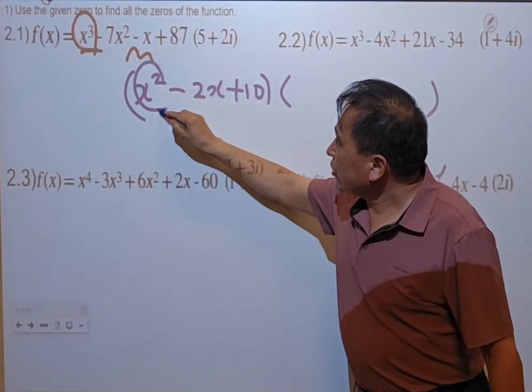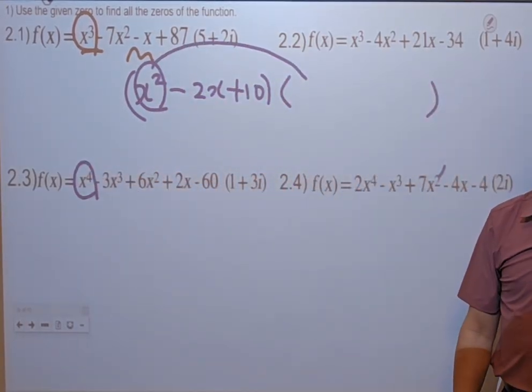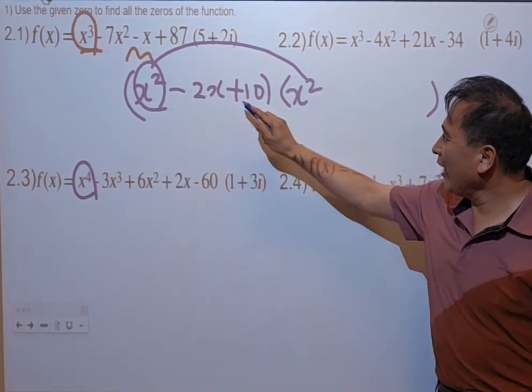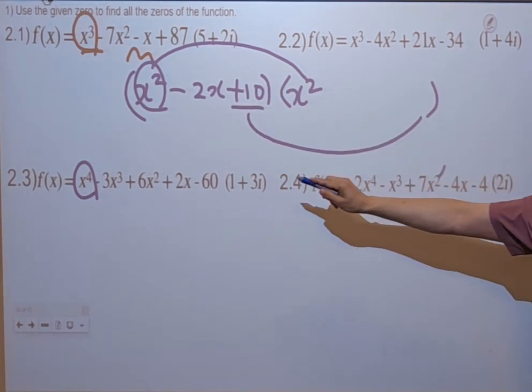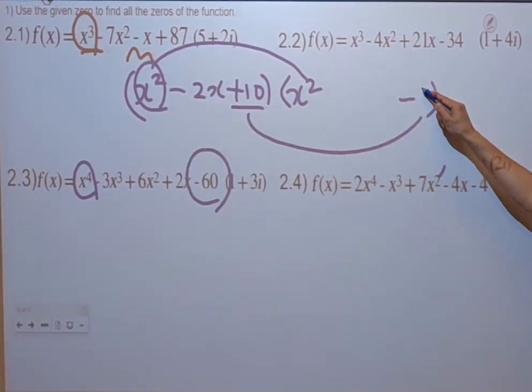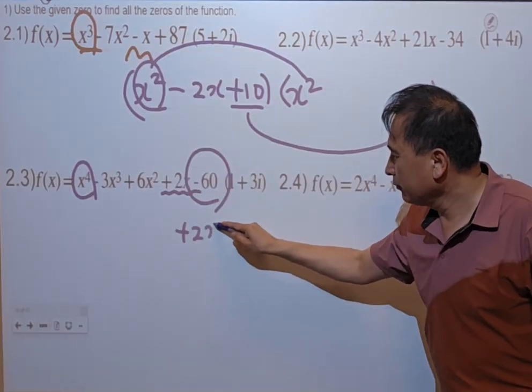So, x squared times what gives x to the 4th power? X squared. Good. And 10 times what is minus 60? So sign first, minus 6, right? Yes, good. Minus 6, right? Now, you can do anything, but let's use the first degree, plus 2x right there.